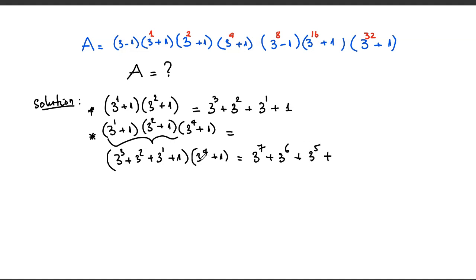And then 3^4 times 1, we get 3^4, plus the whole of this multiplied by 1, which is 3 cubed plus 3 squared plus 3 plus 1.